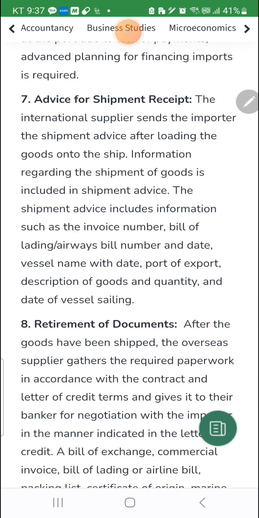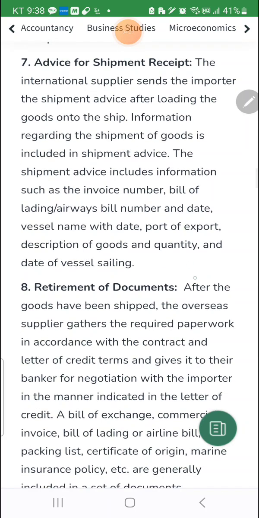Bill of lading or airways bill number, invoice number, date, vessel name with the date, port of export, description of goods and quantity, and date of vessel sailing.